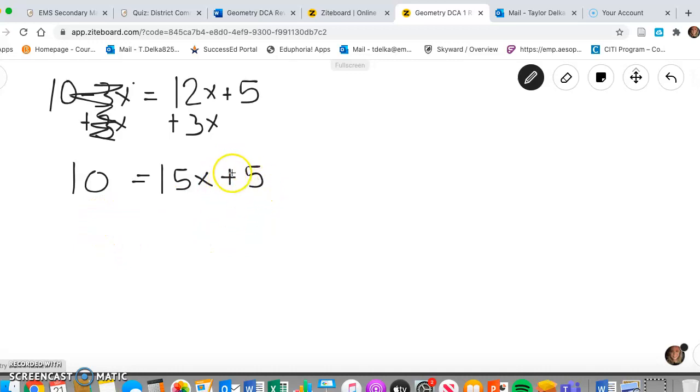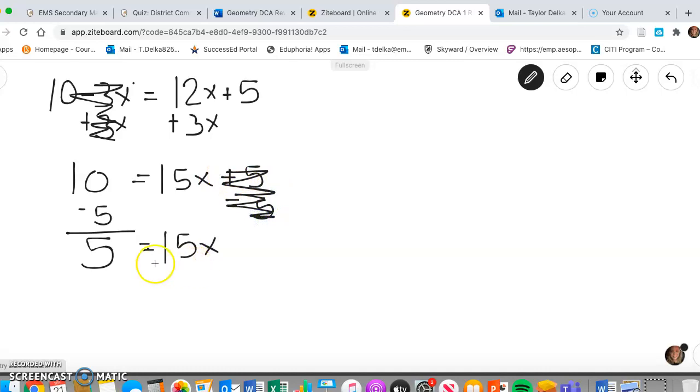It's a positive 5, so I'm going to change it to a negative 5. Subtract it. So here we go. And that's going to get me 5, because 10 minus 5 is 5, equals 15x. Because this right here, a positive and a negative that are the same, they go away.